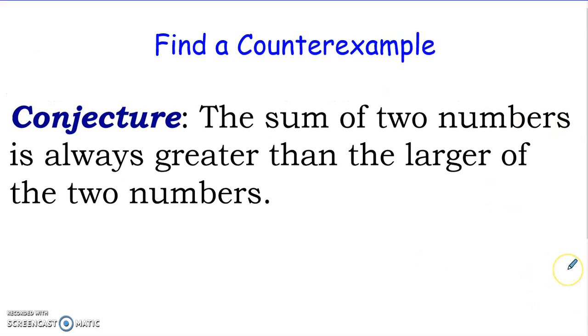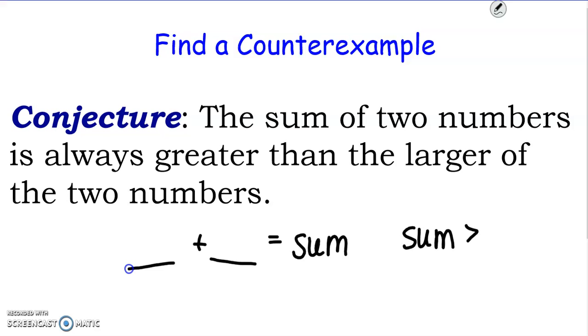So for example, the sum of two numbers is always greater than the larger of the two numbers. So sum means addition. So if I take two numbers and add them together, we're going to get a sum. And the conjecture is that the sum is always greater than the larger number. So let's say this is the larger number, this is the smaller number.